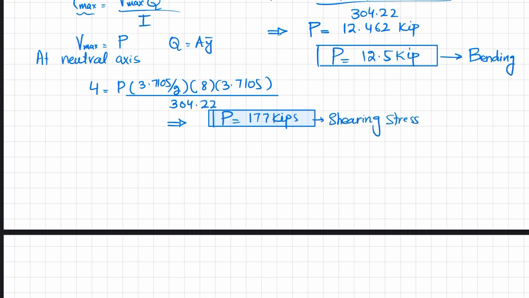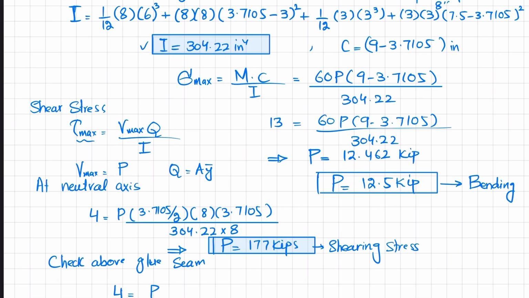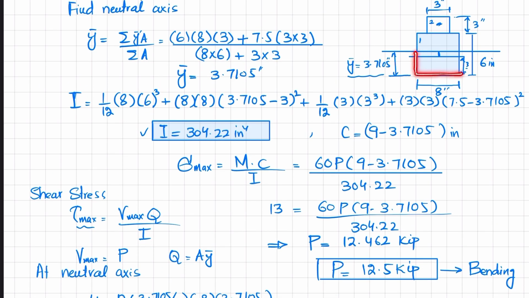Now we will also check the shearing stress above the blue seam. So again, this shearing stress is 4 is equal to P divided by I, which is 304.22, into T. I forgot about T, I will show you. You can see this thickness is 8 inch. Now we are talking about the area above the blue seam.